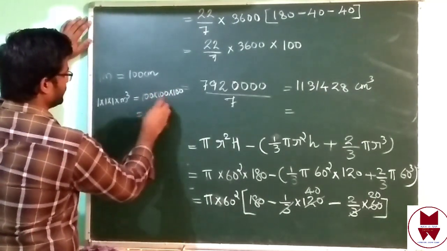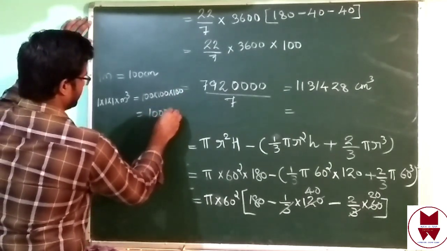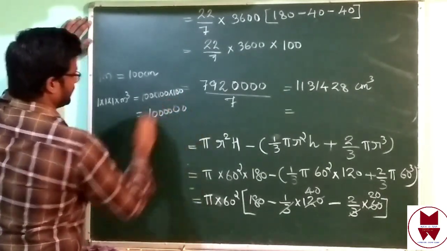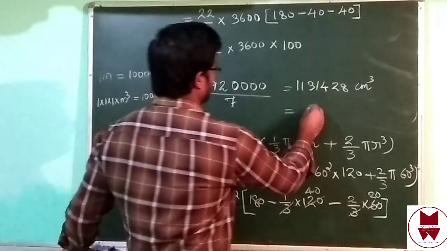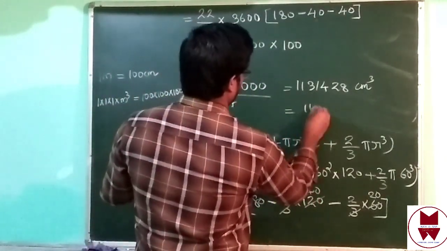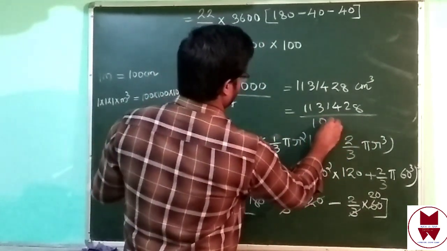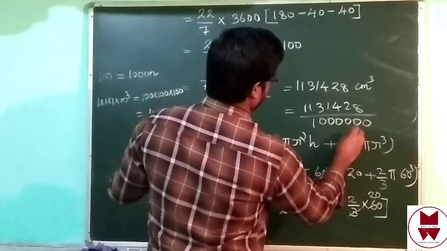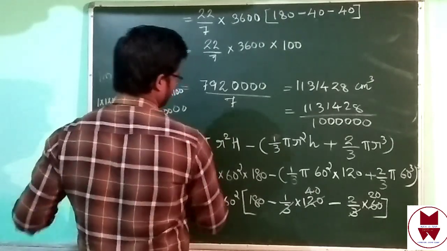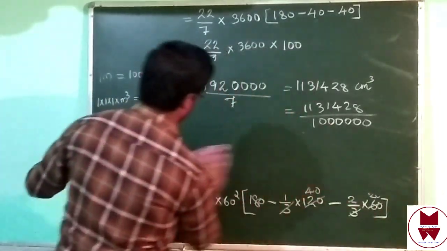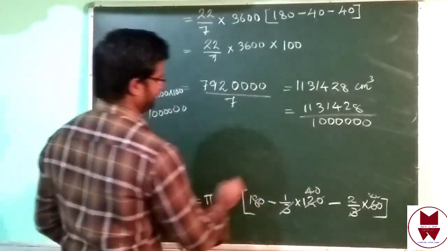1, how many zeros? 1, 2, 3, 4, 5, 6 zeros. This number, just divide by 1 with 6 zeros. 1131428 divided by 1 with 6 zeros, then you will get that in meter cube.